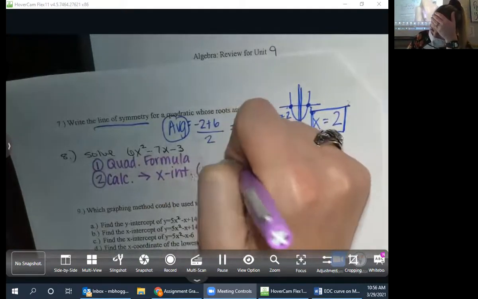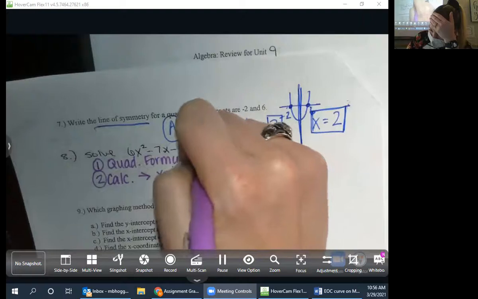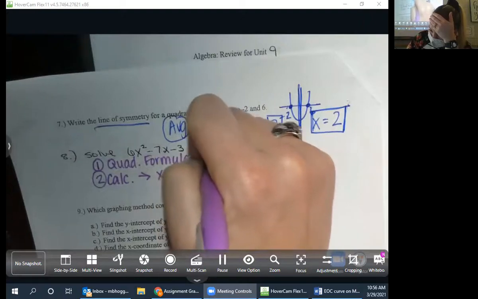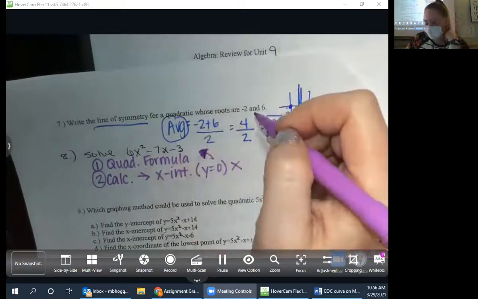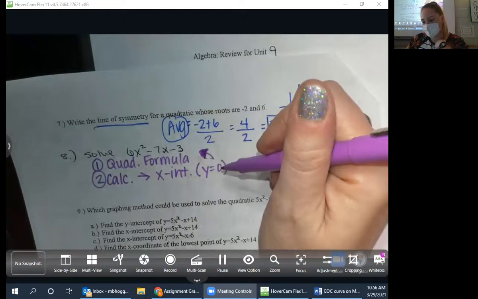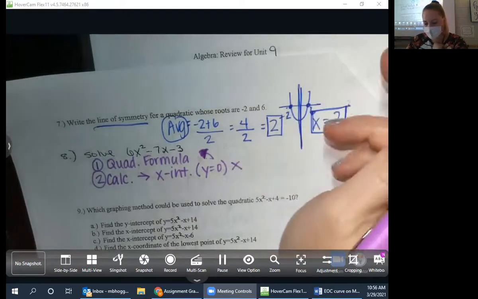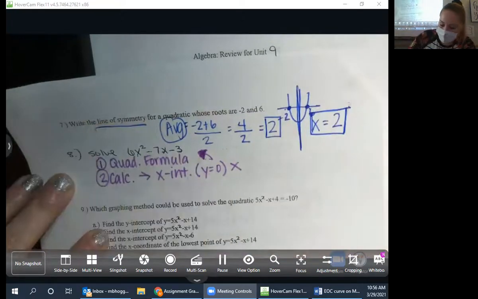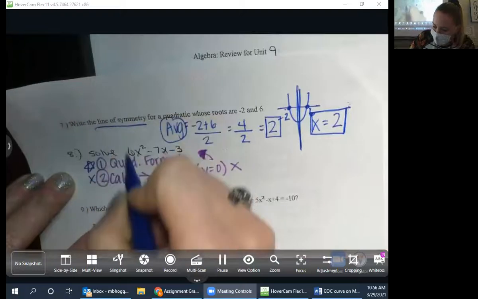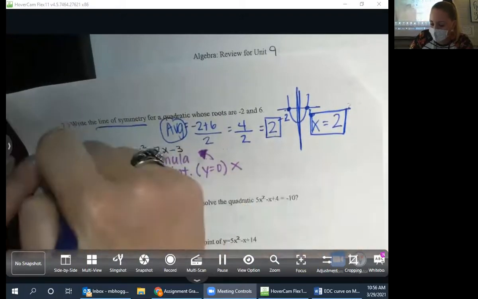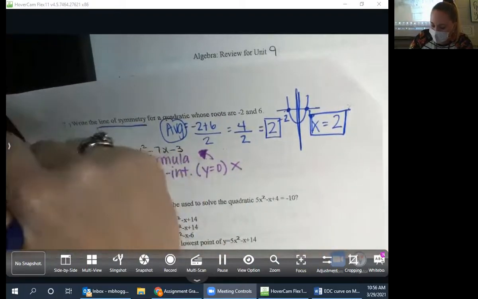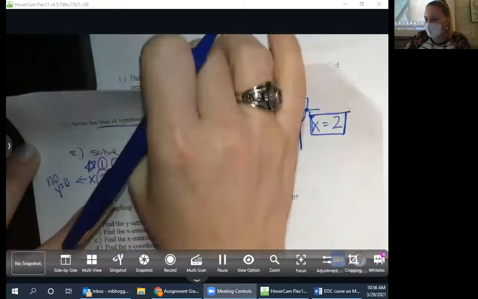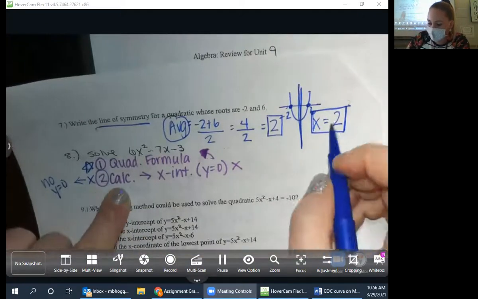You can't do it the calculator way, so we have to do the quadratic formula. Because what that's really telling us is there's going to be a decimal for an answer. This way does not work because there is no y equals 0. So let's do the quadratic formula.